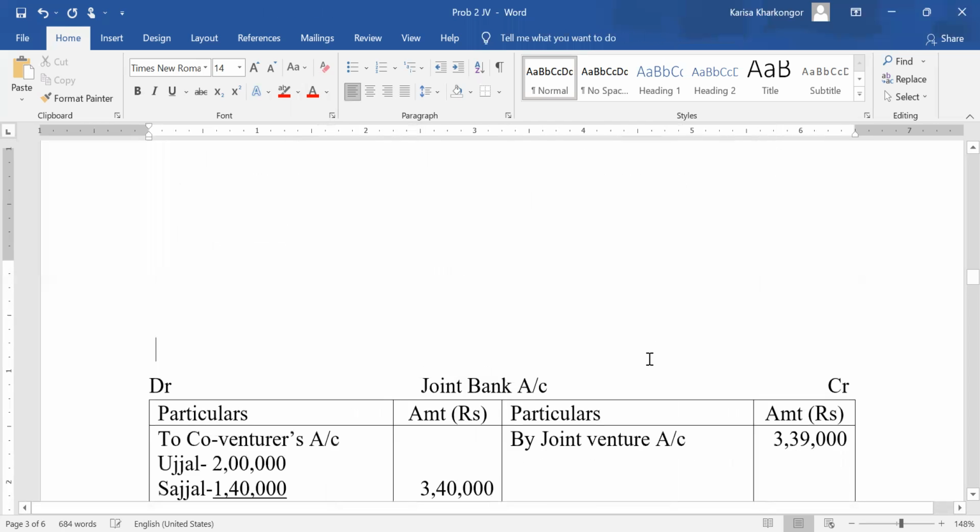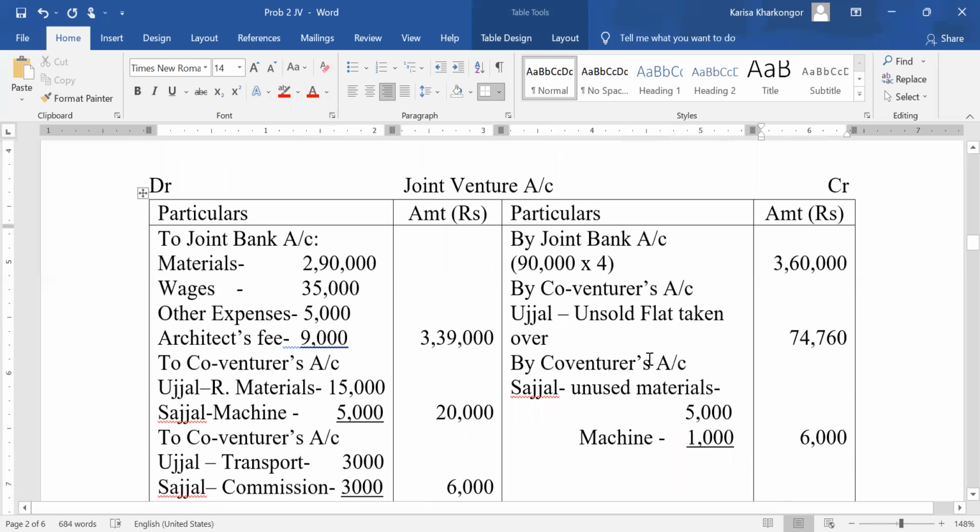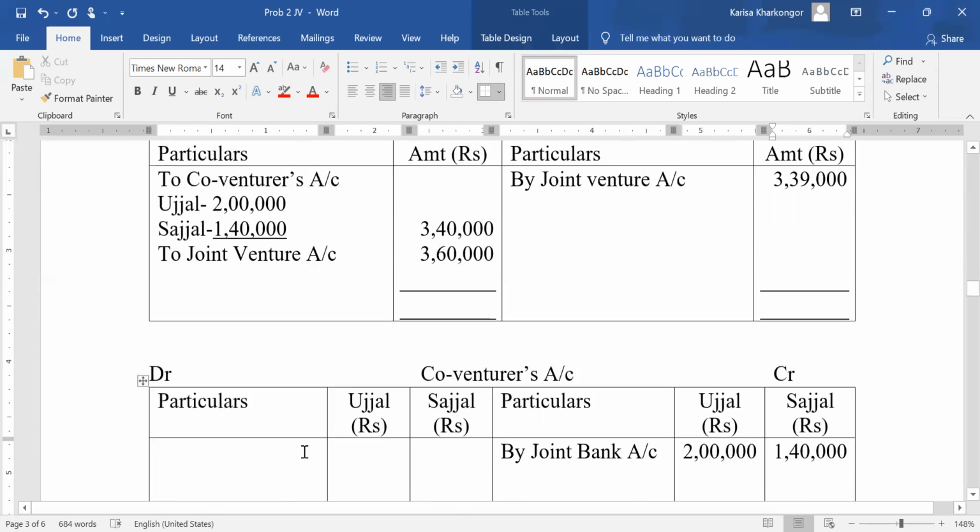Next, we will go to the joint venture account and see if there are any entries made towards the co-venturers account. For debit entries, we have to co-venturers account for the materials and machine contributed by the co-venturers, and we also have another entry for transport and commission. So we make entry as such.